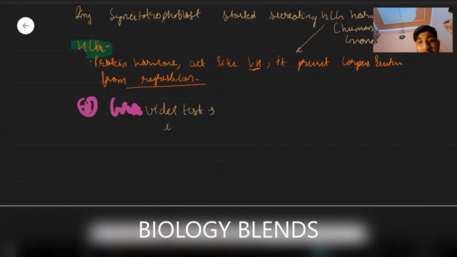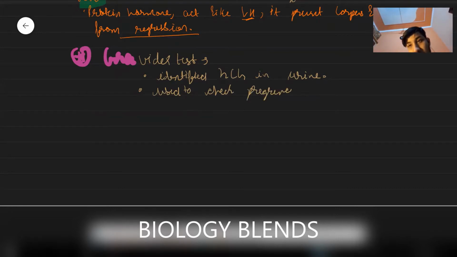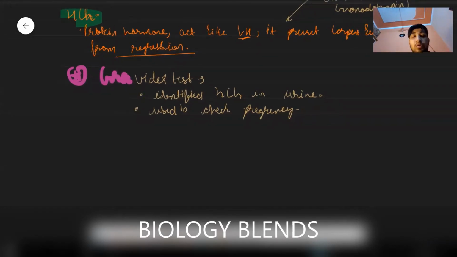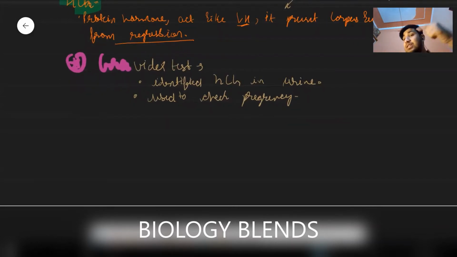This test identifies hCG in urine and is used to check the pregnancy. When the hCG level is at a peak, hCG is secreted in the urine, and the Gravidex test identifies the hCG in the urine and tells whether pregnancy has occurred or not.